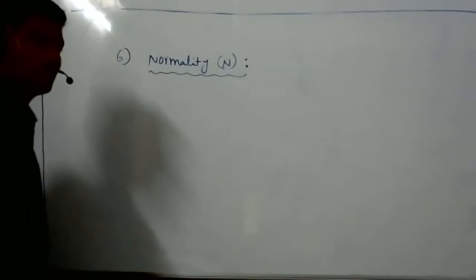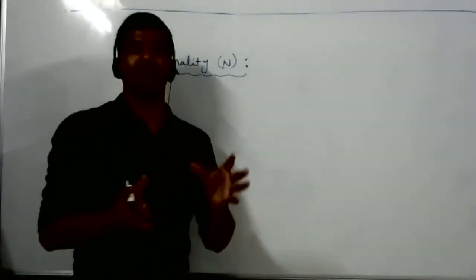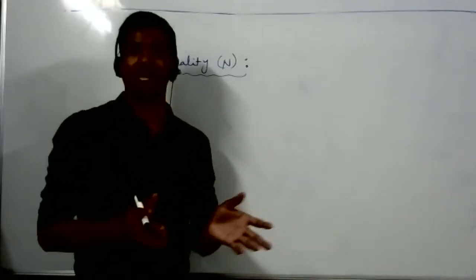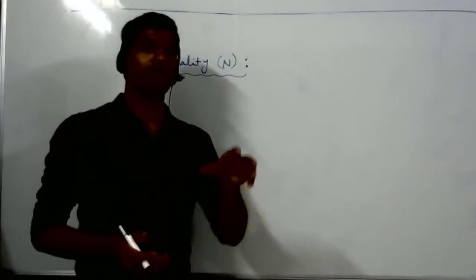Okay, see, now what is normality? Before that, you have to revise once what molarity is: the number of moles of solute present in 1 liter of solution is called molarity. Normality is the number of gram equivalents.